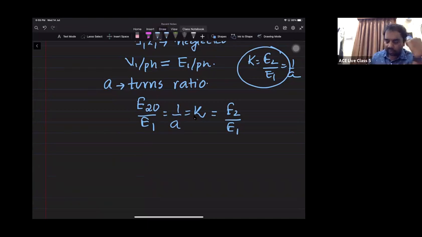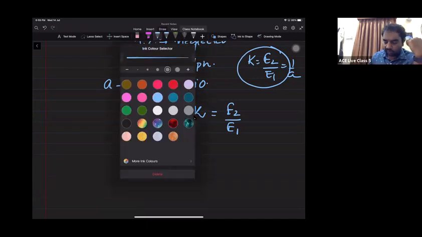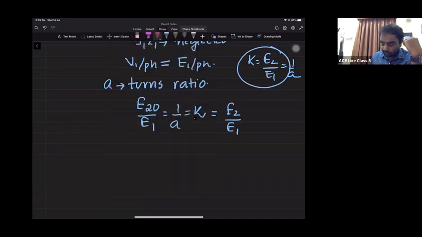Or one more thing, the frequency should be the same. What is the frequency in E1? f. What is the frequency in E2 naught? f. So the frequency term in E1 and in E2 naught should be the same, right? But if you take E2, it is sf.